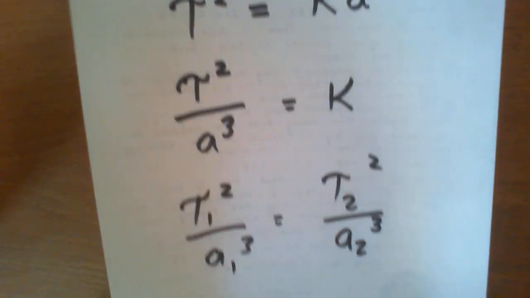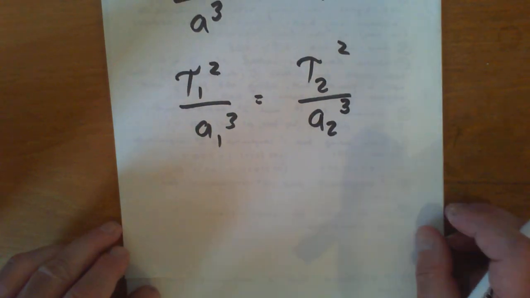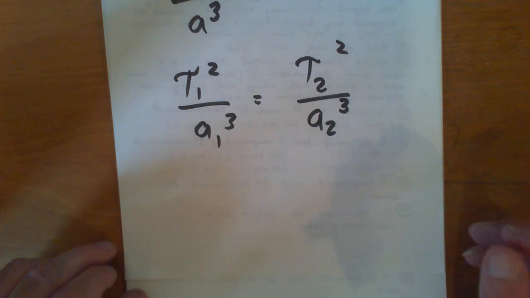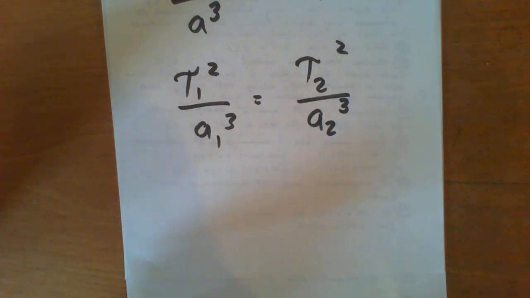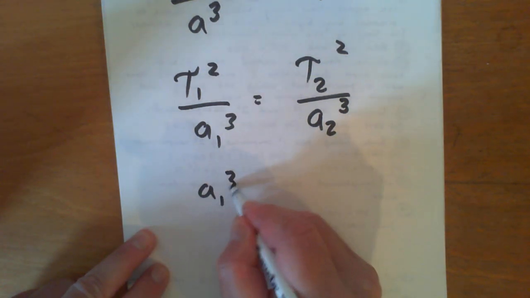A little hint is that if one of the unknowns is A1 or A2, you don't really start off with an equation of this form. You can just flip them over. So you'll have something like this.